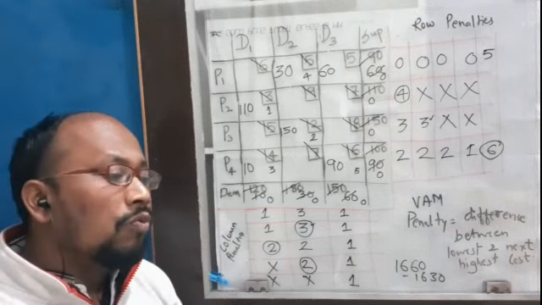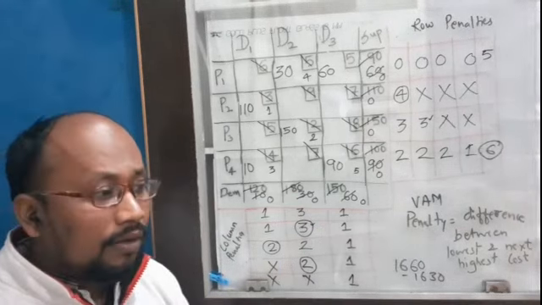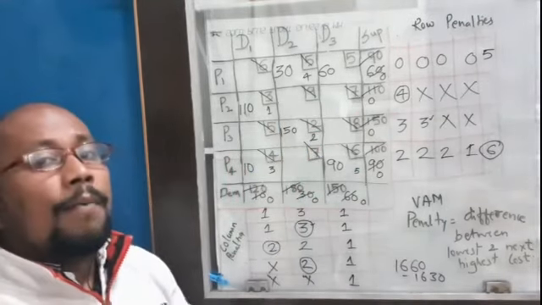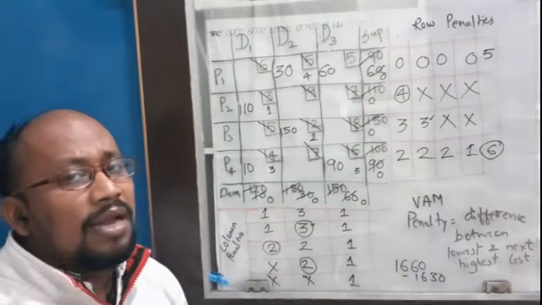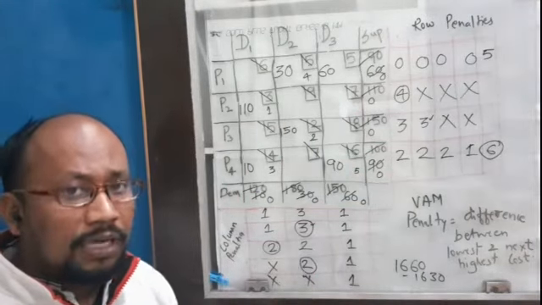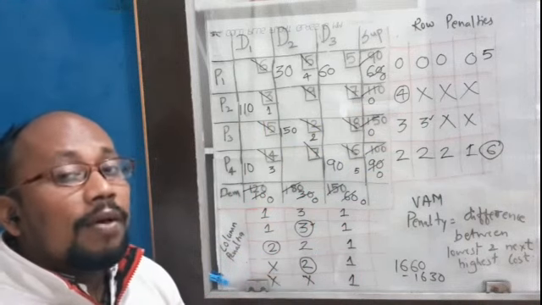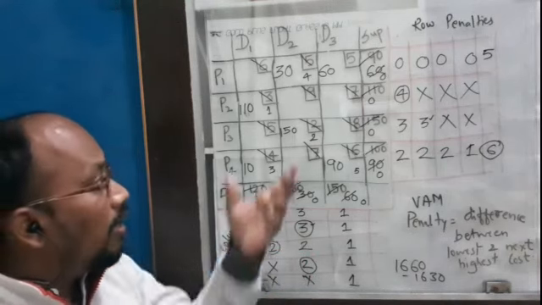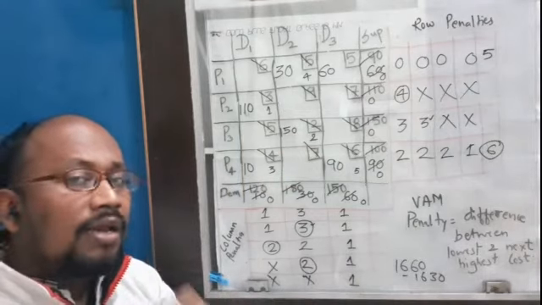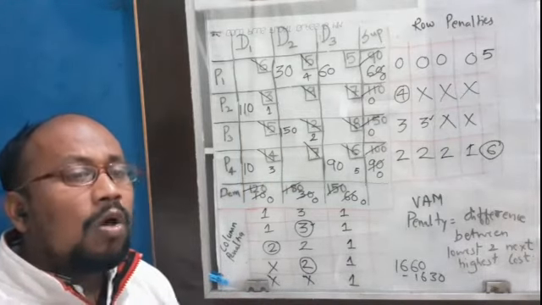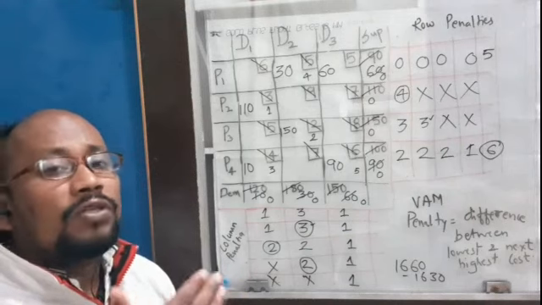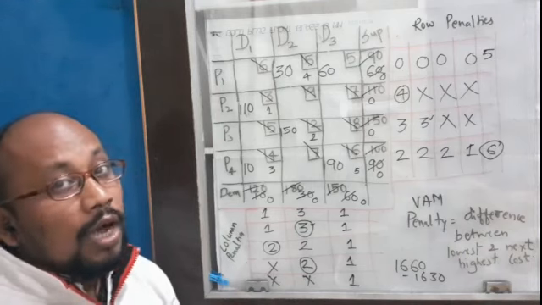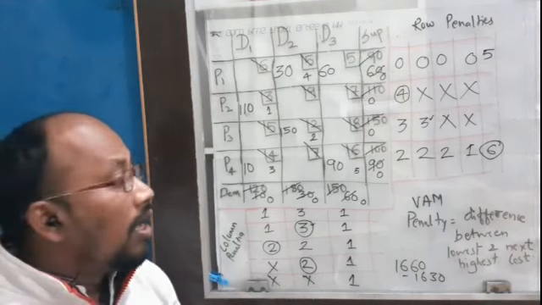What I expect from you while submitting the assignment is this: this is the way you will be submitting. Yes, true, but along with this, I will require that summarized table. You don't have to write these steps, but please provide me that summarized table. In the notes I have provided such a table below this; there is always a summarized table which explains why, which is the highest penalty, which row has been selected, which cell has been selected, how much amount has been allocated. So I expect all those things from you guys.